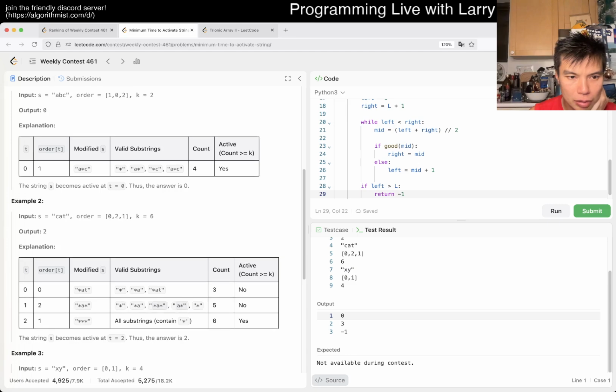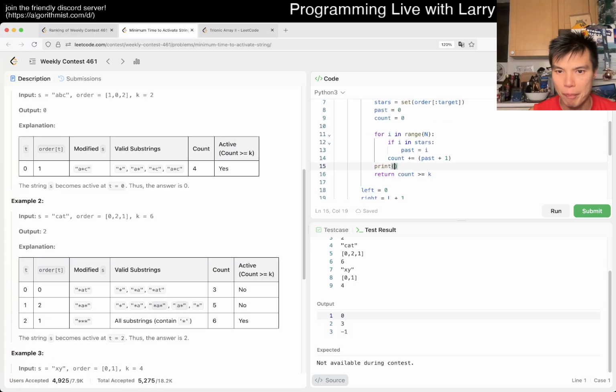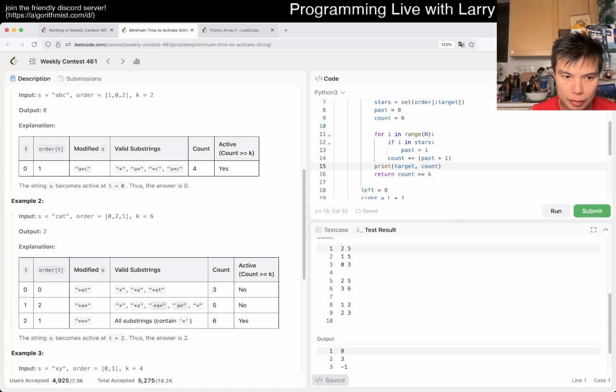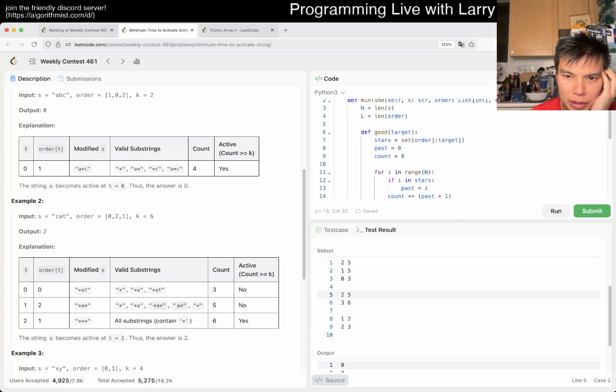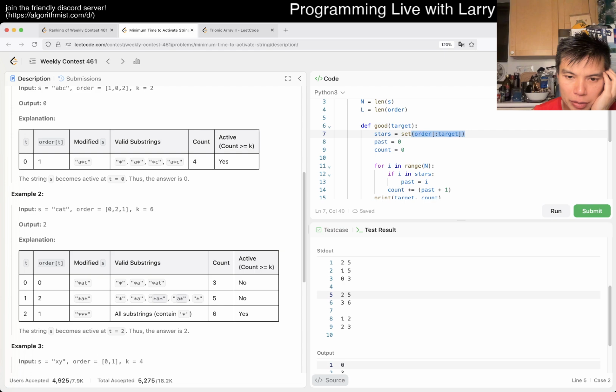Why? Let's see. Maybe I'm off by 1. 2 is 5, 3 is 6. 2 is 5. Am I off by 1? Because 0 we do means there's 0 elements, so 2 means that we have 3 elements.